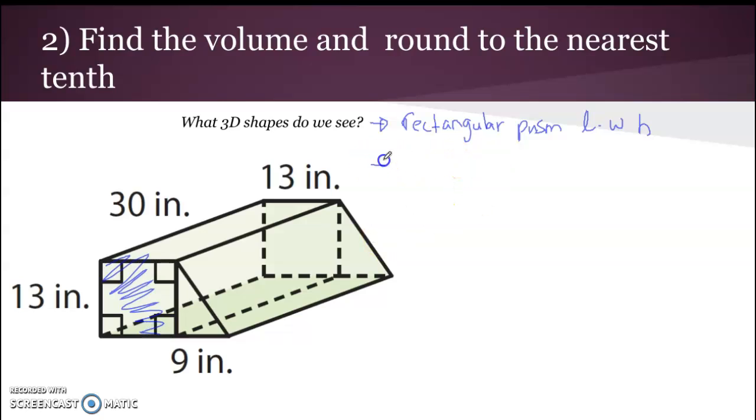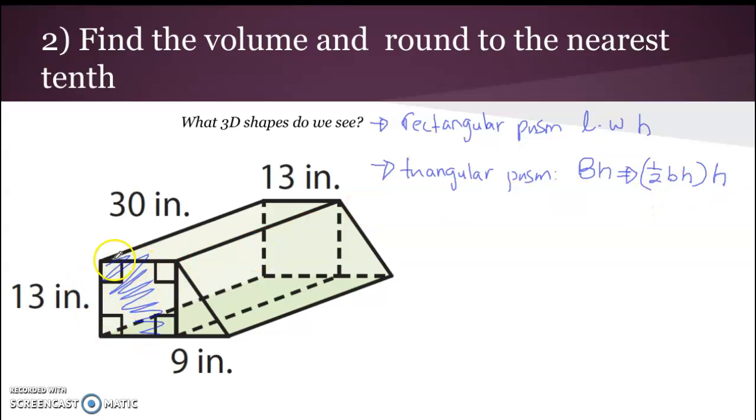And then what else do you see? You got it. What else? Perfect. It's a triangular prism. And for a triangular prism, remember that's the big B times H. And because it's a triangle, it's half base times height to replace big B, and then the height.